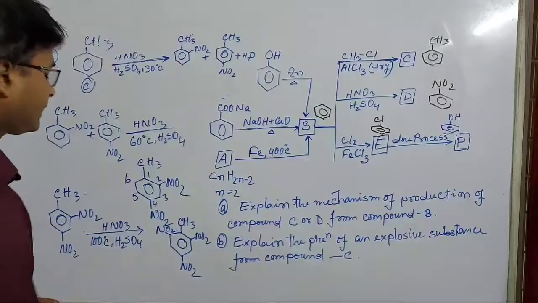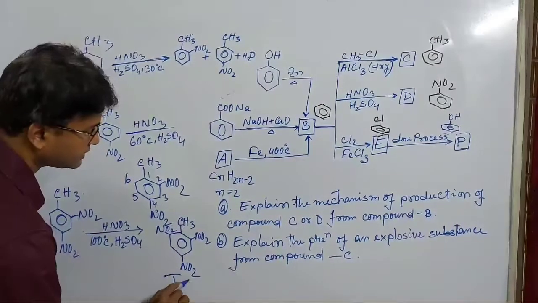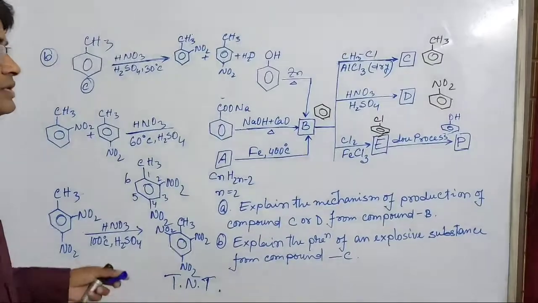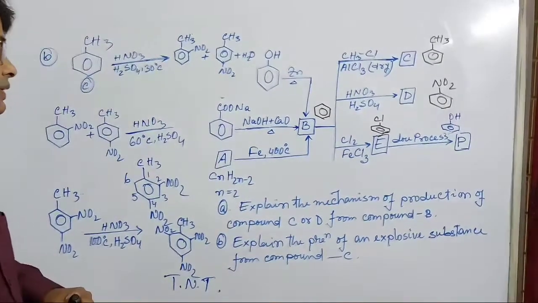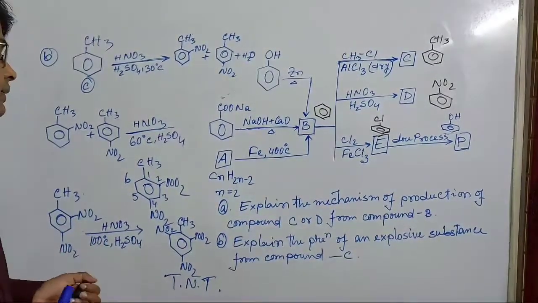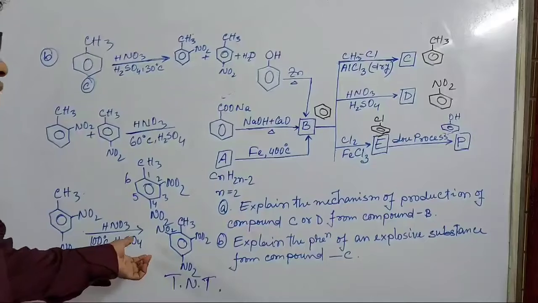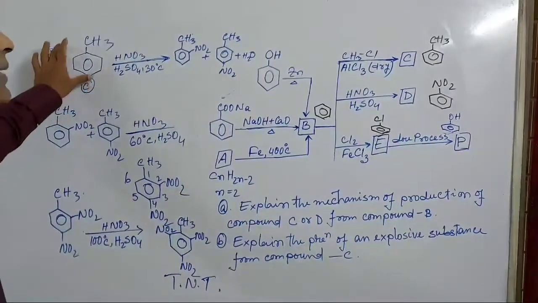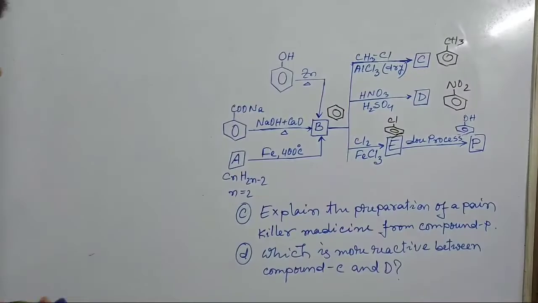This trinitrotoluene is shortly known as TNT. TNT is an explosive substance. That's all about the preparation of the explosive substance TNT from compound C, from the toluene.